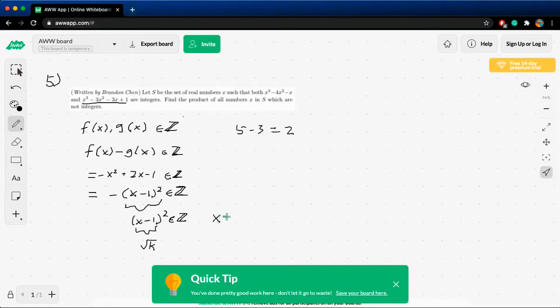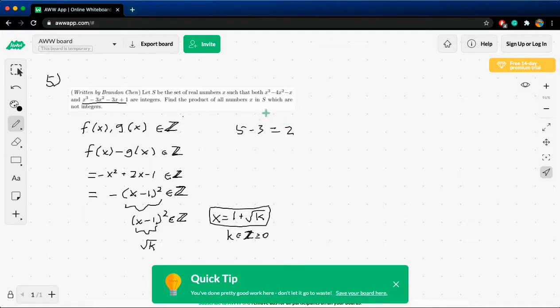Therefore, we know that x is of the form 1 plus square root of k, where k is an integer. And k is non-negative, because you can't have the square root of a negative number. So it's in the integer set Z, and it's non-negative.